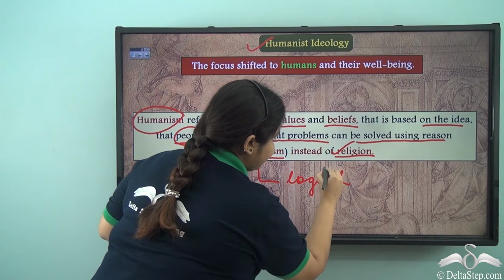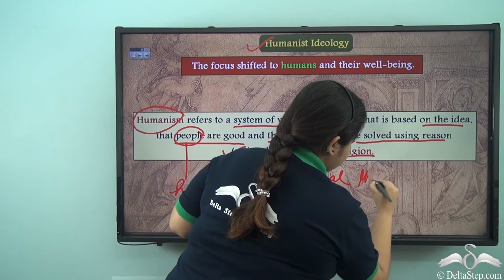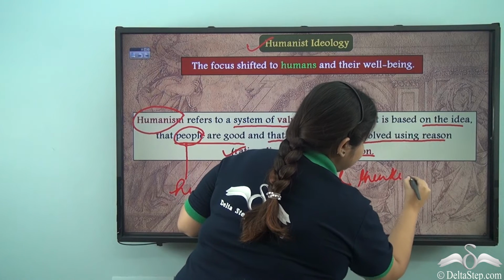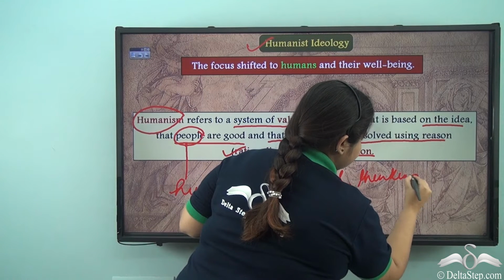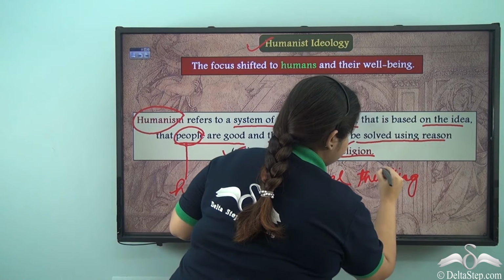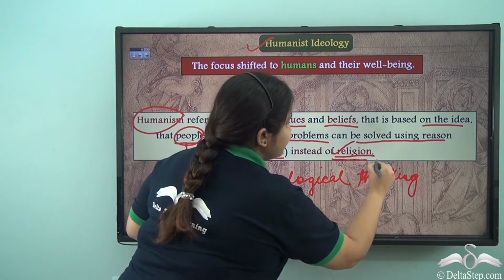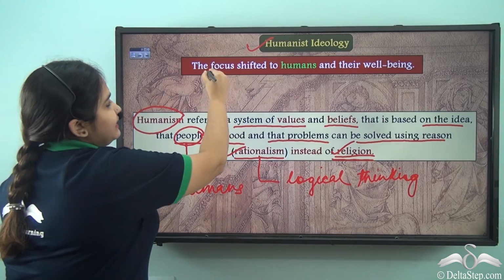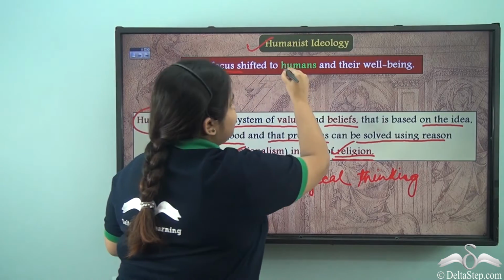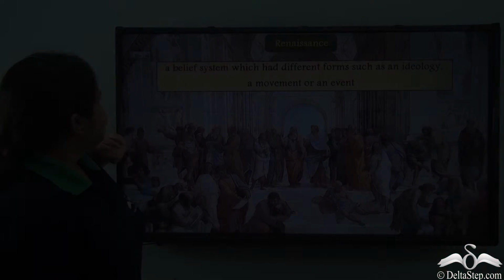So logical thinking, rationalism is logical thinking instead of the God-centered view. So ideally we see the focus shifting to the humans.